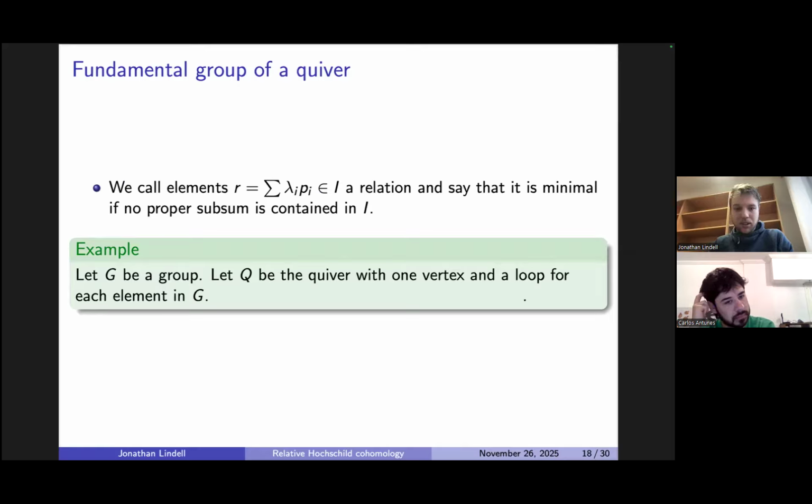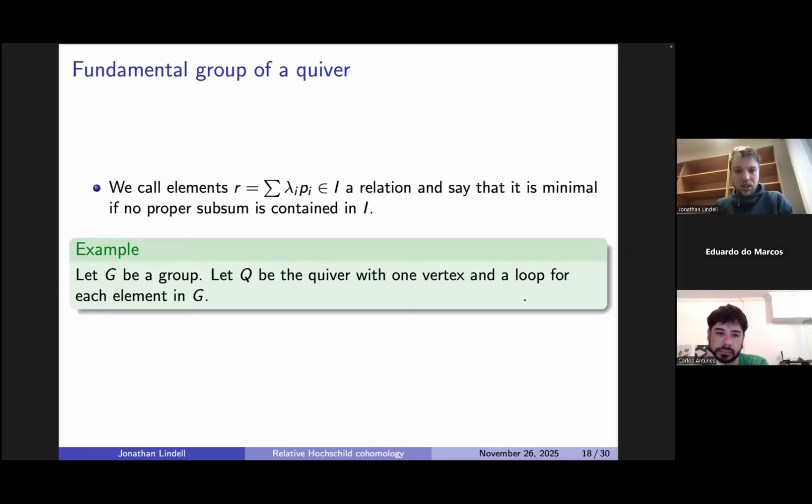Is there an assumption that I is generated by elements that are in the ideal generated by the arrows? You say that the ideal does not have to be admissible, but is it generated in the ideal generated by the arrows? Or can you have idempotents in the ideal also? No, good question.